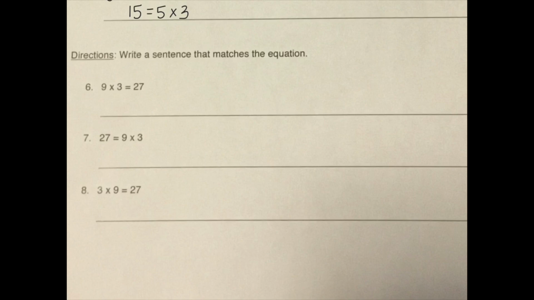So let's see. I could say 9 times as many as 3 equals 27. That's one way I could say it. There's a lot of different ways, but that's an example.